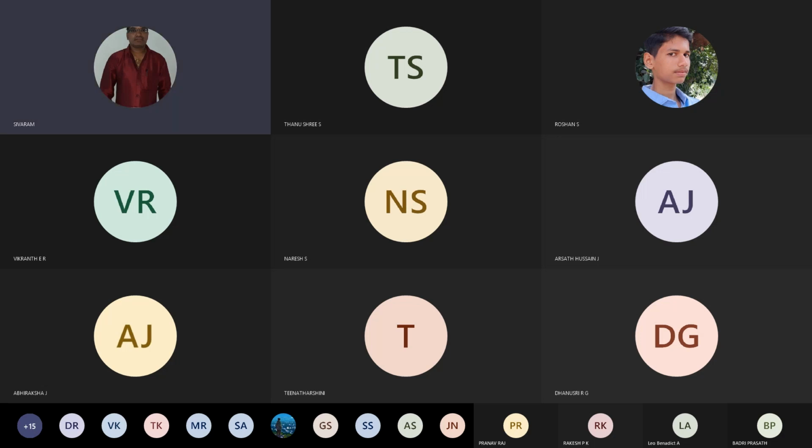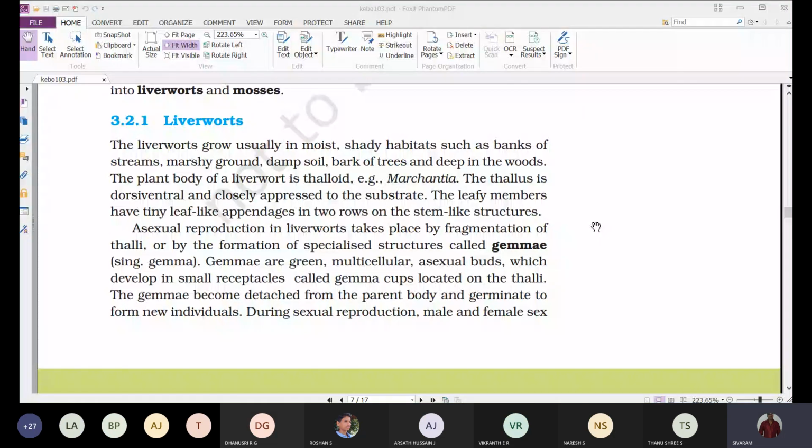That's why we say it is appressed to the substrate. Generally the plant body grows in two rows with small tiny leaf-like appendages.